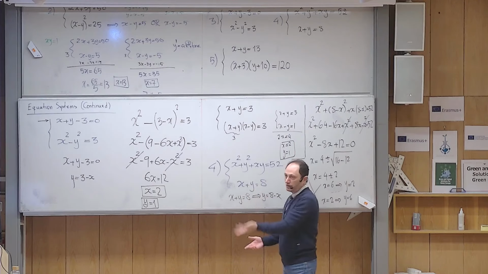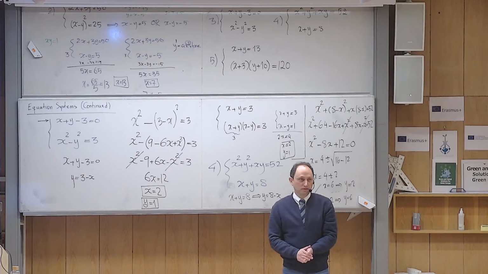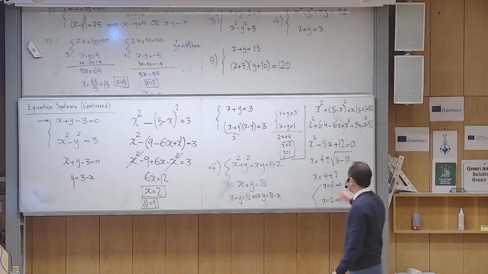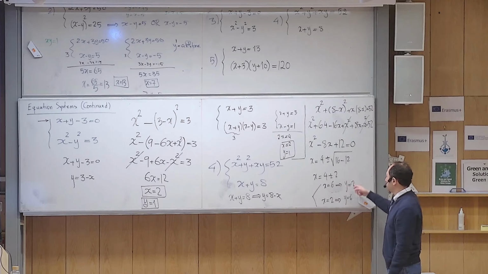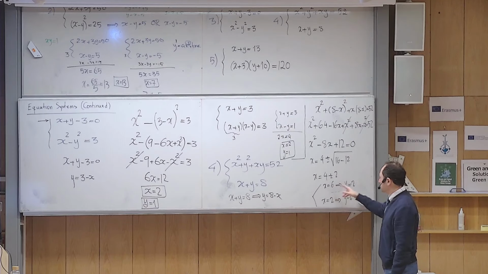This equation will also be the same. So if 6 and 2 is an answer, it is clear that 2 and 6 should also be an answer. But don't say that because this is 6, this is 2, I have only one answer. This answer and that answer are different, because here x is 6, y is 2, and here x is 2, y is 6.